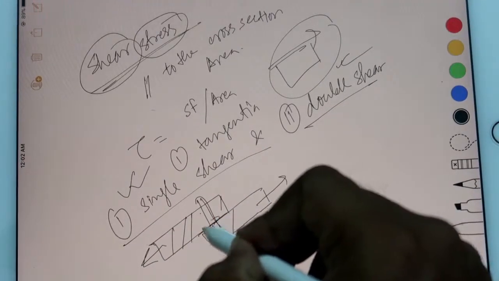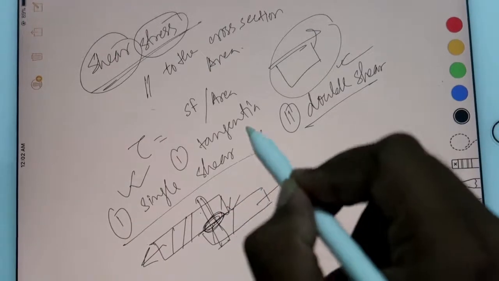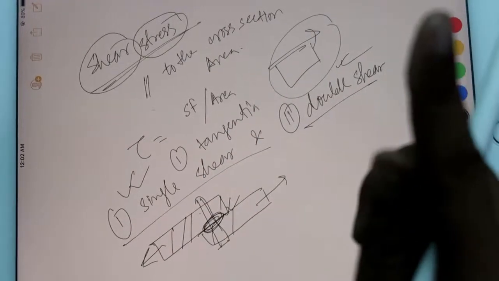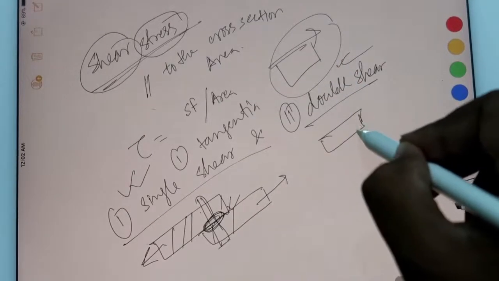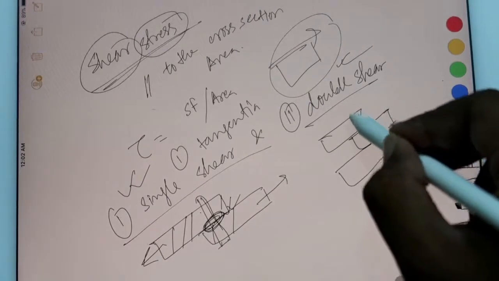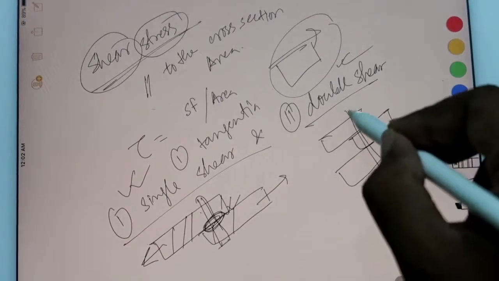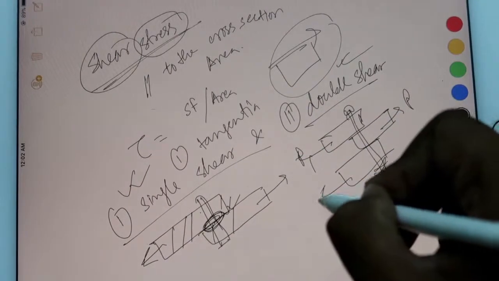Very common sense, buddy, tearing happens from this side. So this is called single because tearing happens once. And for double, make it double: one gusset plate, another gusset plate, and another gusset plate, and this is one bolt or rivet, whatever you say. This is P, this is P1, this is P2.